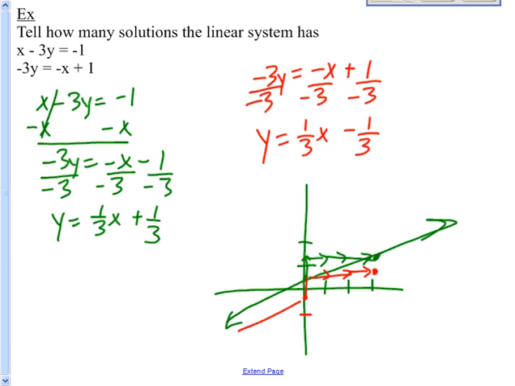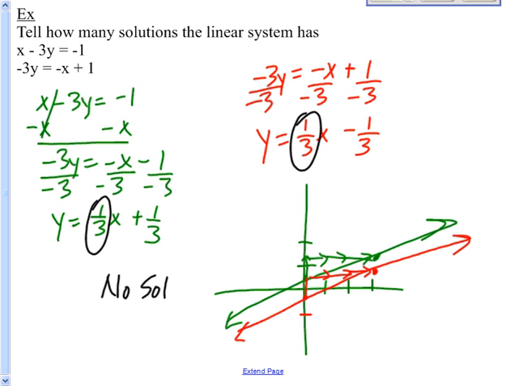So they both have this same slope, right? But different y-intercepts. So they're different lines, same slope. You know these things are parallel. So you say, oh, well, there's no solution. Okay, so if you end up with parallel lines, not the exact same line, but parallel lines, you can say, hey, no solution, they never cross. I don't have an answer there.